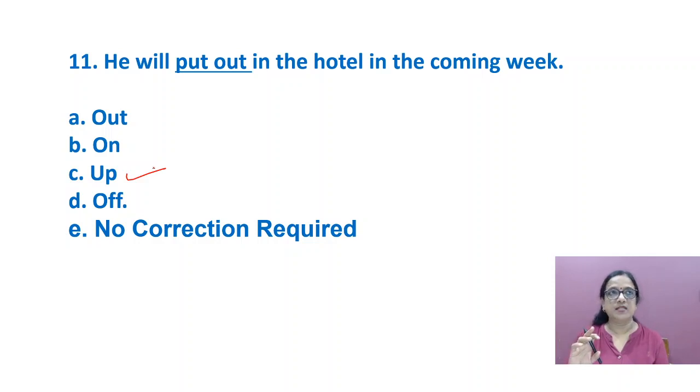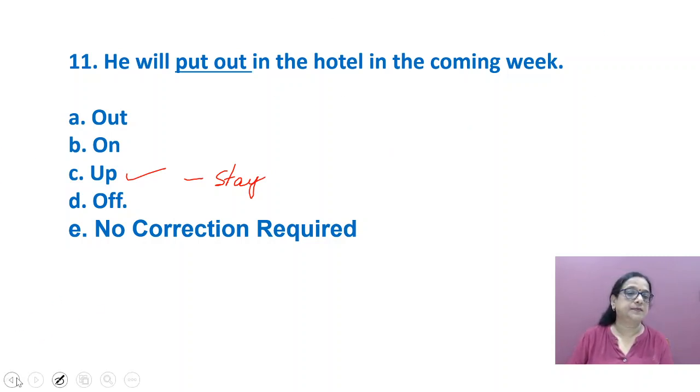A few weeks back, I had discussed each and every one. Put out, put on, put up. So put up in the hotel means what? Rama will put up. That means to stay in the hotel in the coming week.